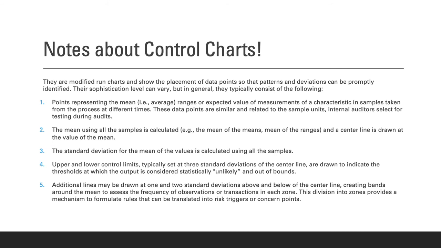Okay? Number 4, upper and lower control limits, typically set at 3 standard deviations of the center line, are drawn to indicate the thresholds at which the output is considered statistically unlikely and out of bounds.